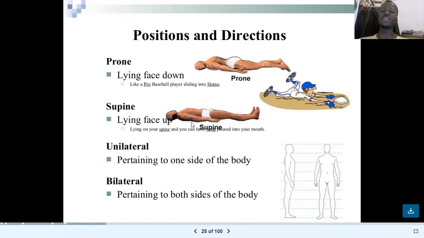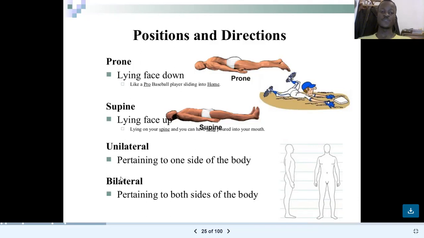Lying down with the face facing down, just like a pro baseball player who is sliding into home. Then in between the two positions, you can say you are in the mid prone position. You are in between supination and pronation. Classically, an example would be the action of a muscle in the lateral compartment of the forearm, which is going to be the brachioradialis, right?